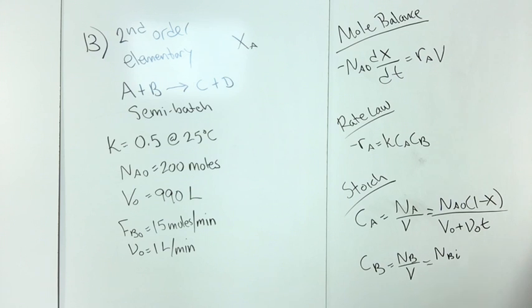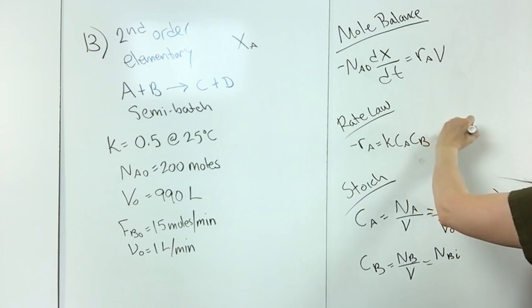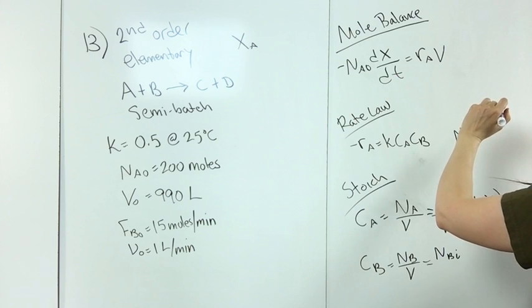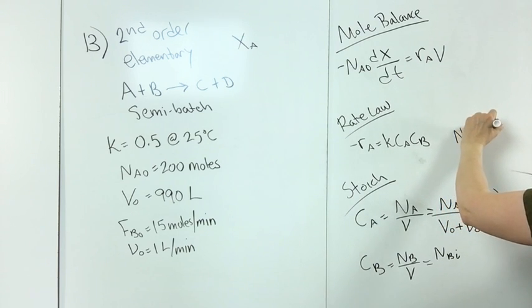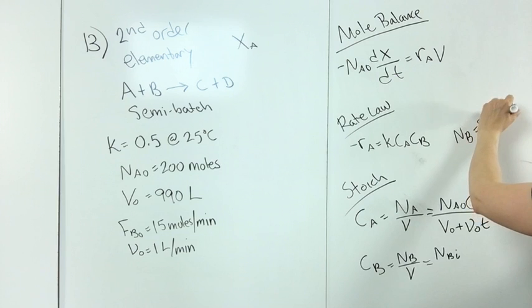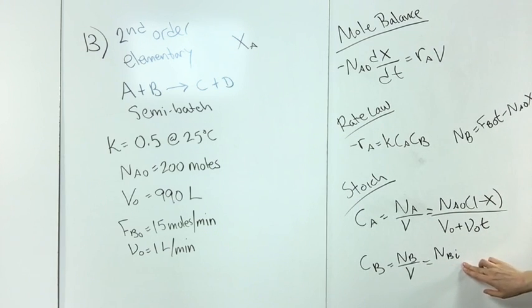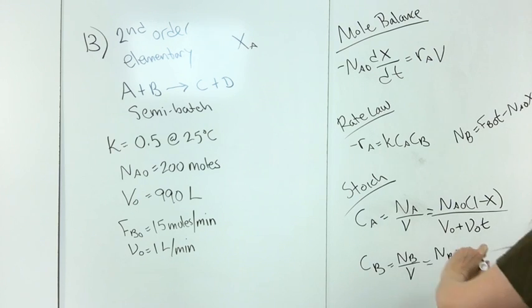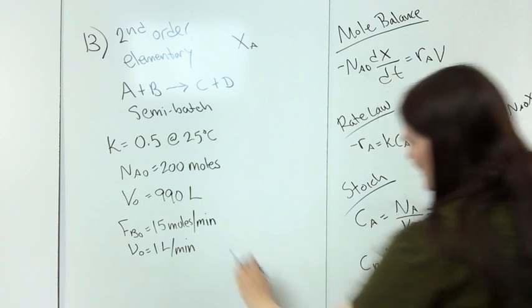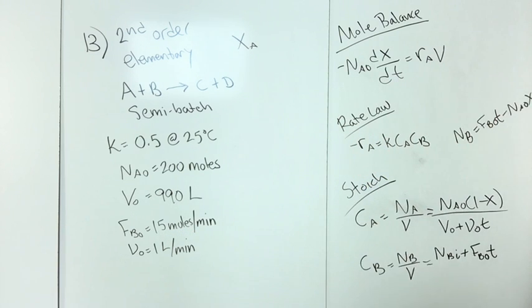Say you're used to writing what this usually comes out as, NB is equal to FB naught t minus NA naught X. If you forget the NB initial, then this would be wrong. So I always start out by writing the NB initial plus what you're adding, which would be FB naught t, the flow rate times time, and so the time cancels out and you just end up with moles.